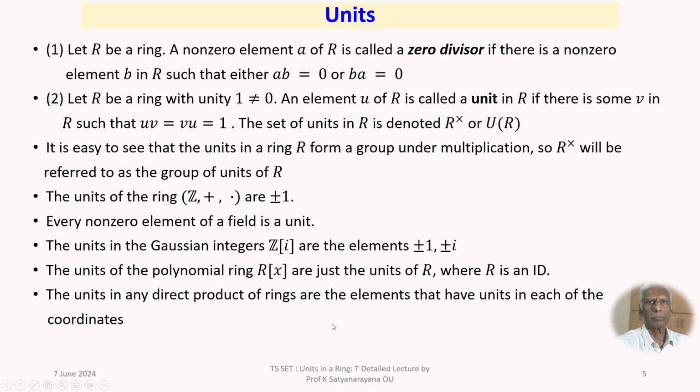It will be the set of all those ordered pairs (A, B), where A is a unit from R and B is a unit from S. In other words, it is said that the units in any direct product of rings are the elements that have units in each of the coordinates. Each of the coordinates means each of the components. If it is R cross S, in the ordered pair (A, B), A is a component and B is another component. Both must be units. Agreed. So these are some of the facts about units.